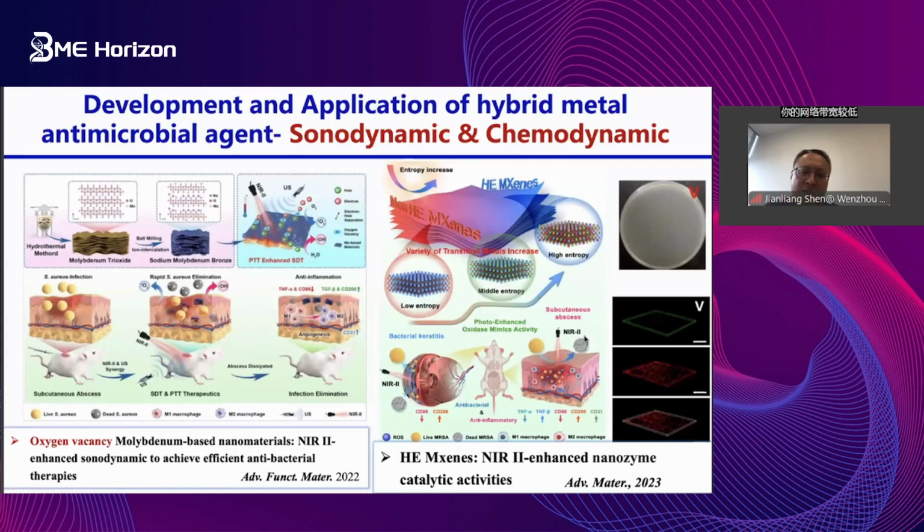But in this case, we use a low or middle temperature just to enhance the nanoenzyme, like the chemodynamic and sonodynamic effects. We do not combine photothermal therapy. We just use the heat they generate, about 42, to enhance the sonodynamic or chemodynamic effect.